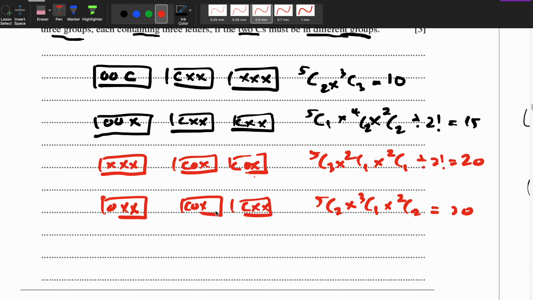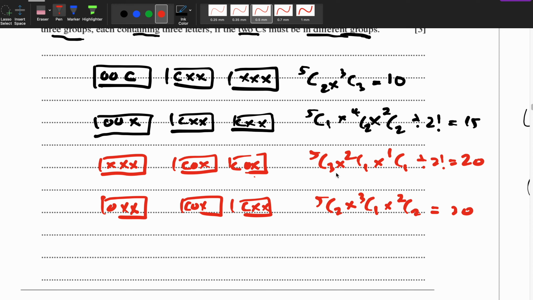I didn't repeat it. Double. Let's check again. 5C3. Oh, this one should be 1C1. No wonder. Okay. Let's check again. 5C3 from this, because originally we have 5.